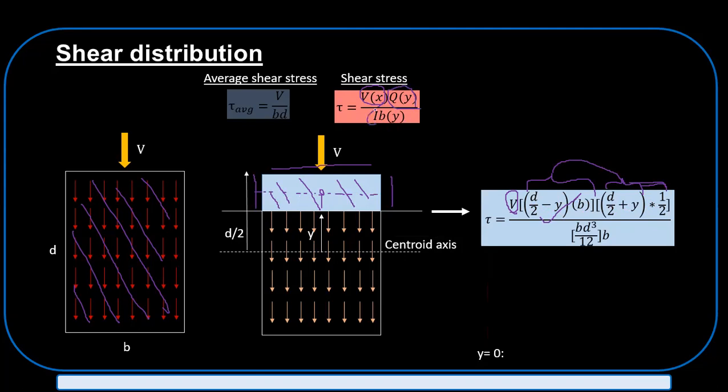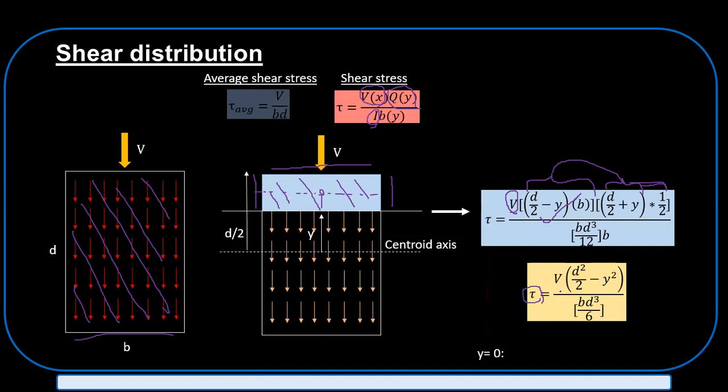So this is I, the second moment of inertia. For this rectangular portion it is bd cubed over 12, and y is d. So if you simplify, it becomes an equation like this. Can you see when your depth is changing, shear stress changes, right?